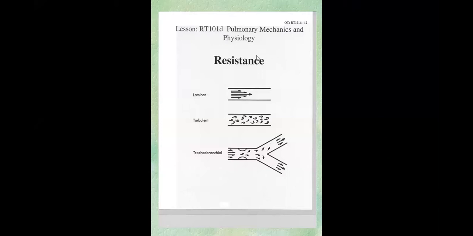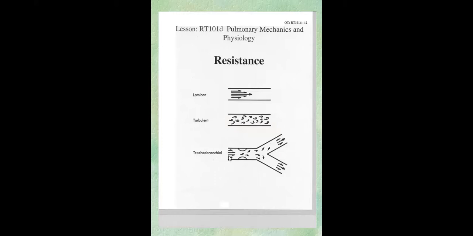All right. So look at the first one. Laminar is just nice and smooth. The air is going all smoothly in one direction. Turbulent would be when the air swirls around. See those little swirlies? That's when the air is going in different directions, swirling around through the airway. And then this is showing you the tracheobronchial tree.